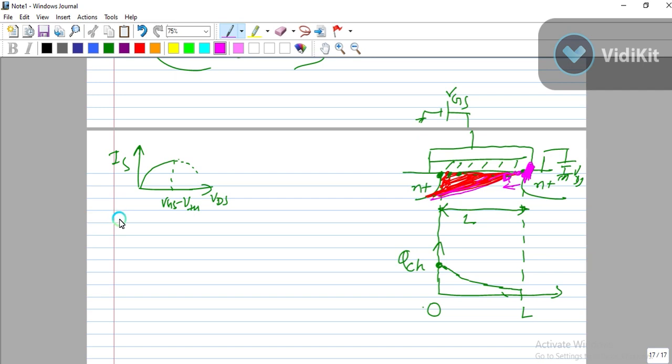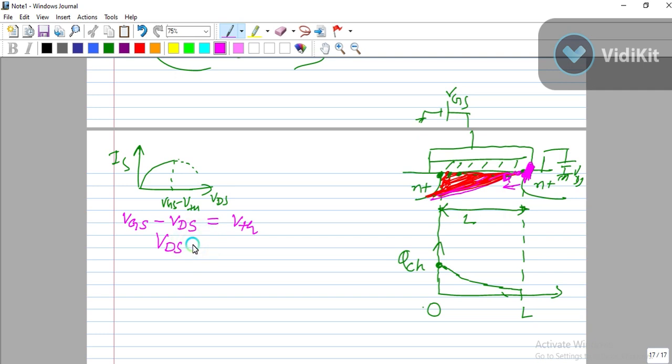The potential difference is VGS minus VDS equal to VTH. If this is the case, then there will be some free electrons there. No more.